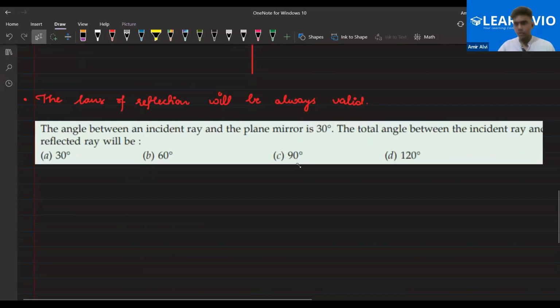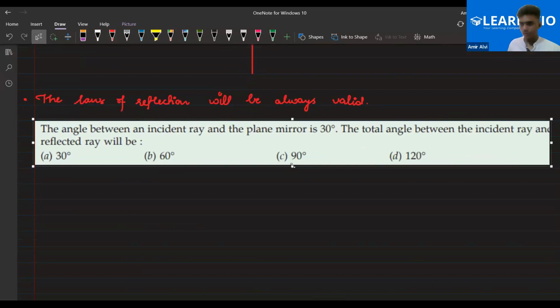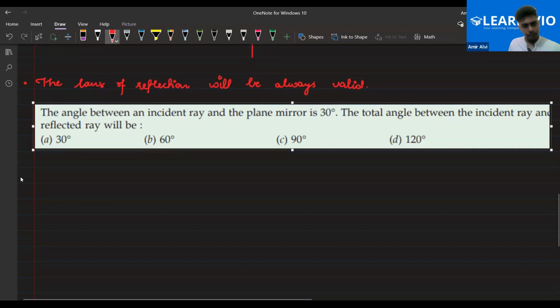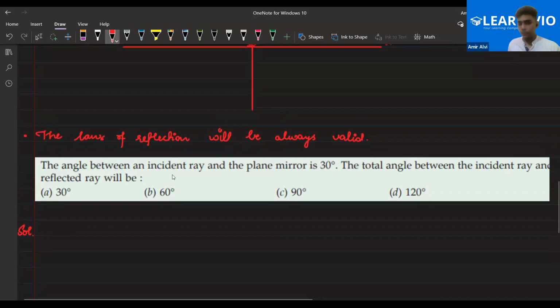So this is the first question that we will do in the reflection of light. The question says the angle between the incident ray and the plane mirror is 30 degrees.